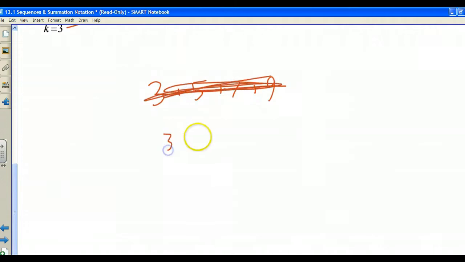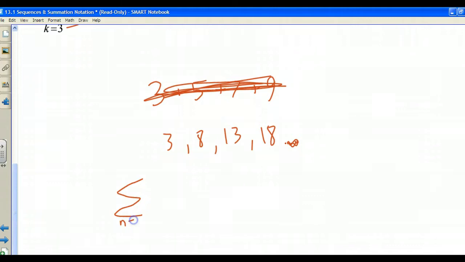Let's do 3, 8, 13, 18. So we've got a sequence here. And let's say it stops there. There's just 4 terms. So if I wanted to go backwards and write sigma notation, I go from n equals 1. I always like to start at 1. That's n equals 1, n equals 2, n equals 3, n equals 4. So it goes all the way up to 4 here.